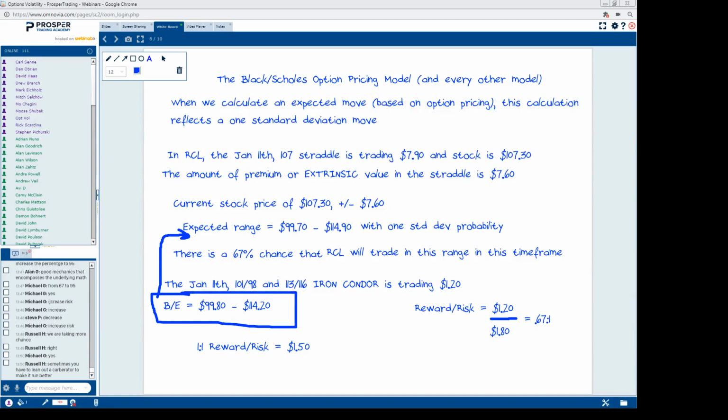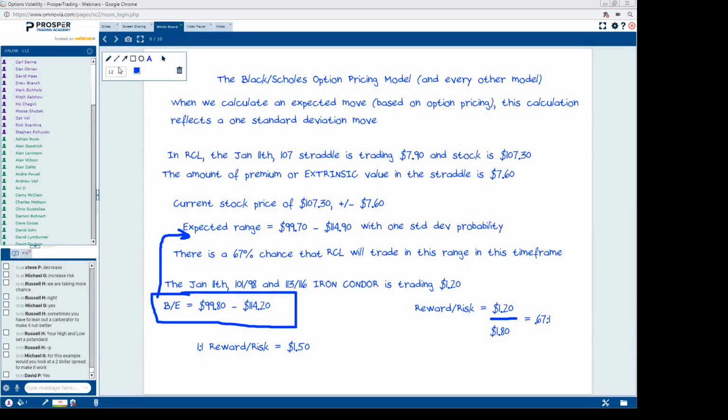If you start seeing some patterns, some correlations there, that could either enhance or maybe detract from the amount of credit you would get in a spread. Okay? Make sense? Perfect.